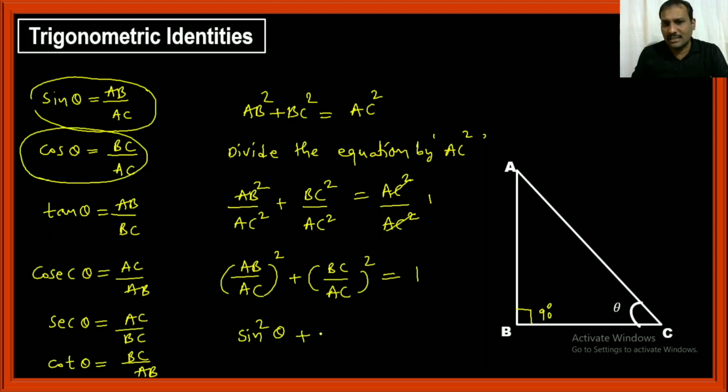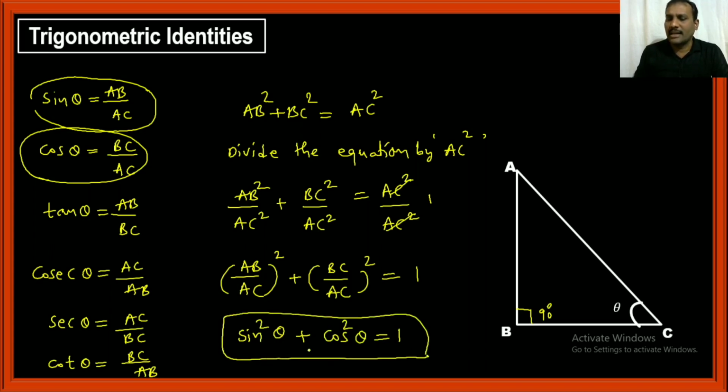That is cos theta. So cos square theta is equal to 1. So this is a trigonometric identity. Sine square theta plus cos square theta is equal to 1. This is our first identity.